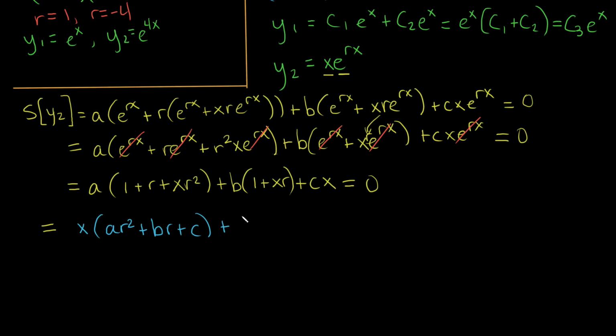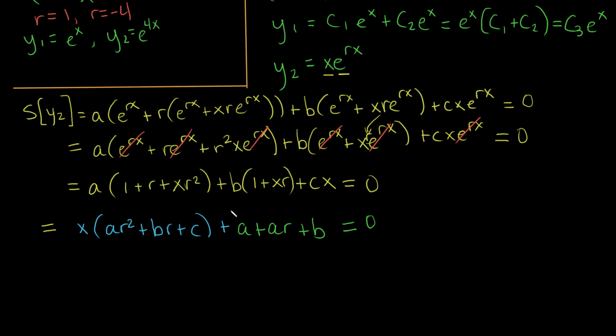So now we have a, which is right here, plus ar, which is this one, plus b, which is that, and that's just about it, and this all equals 0. Notice, ar squared plus br plus c.